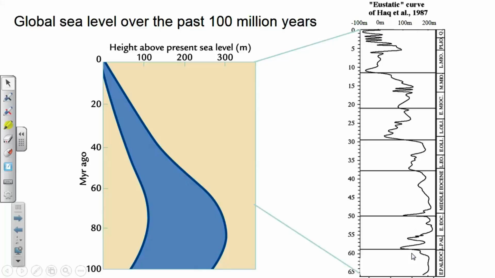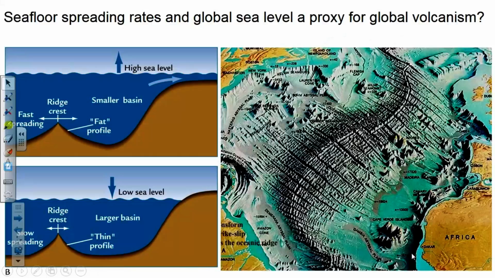So when sea level is high, that means that it's probably high because of mid-ocean ridge spreading, kind of displacing the ocean. That increased rate of volcanism kind of adds more CO2 into the atmosphere. So this is kind of the idea. So when you start to grow a big mid-ocean ridge, like this one in the Atlantic, that displaces kind of the ocean. And that puts the ocean up on land.